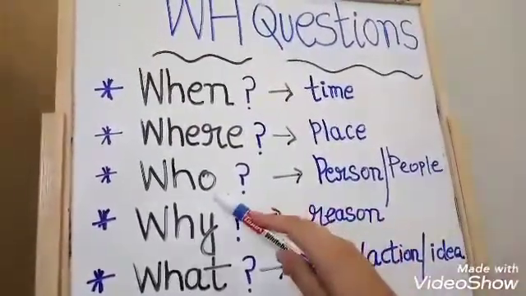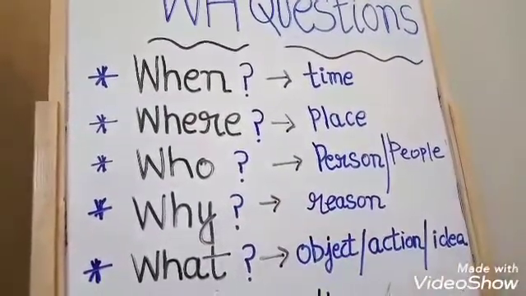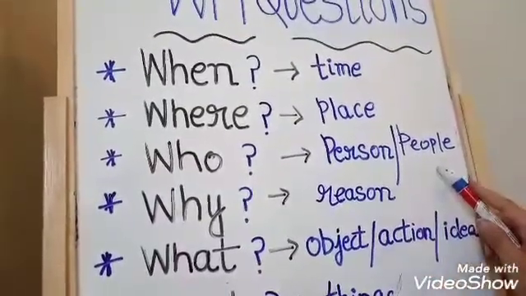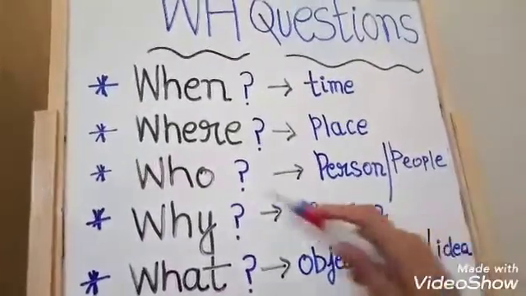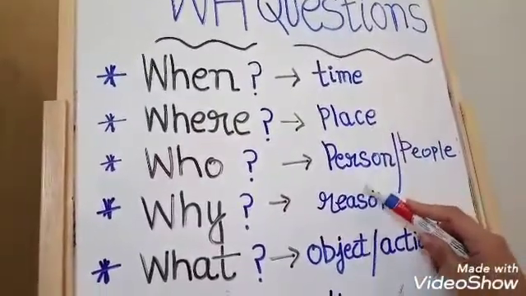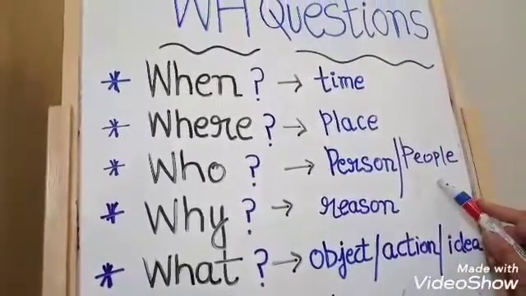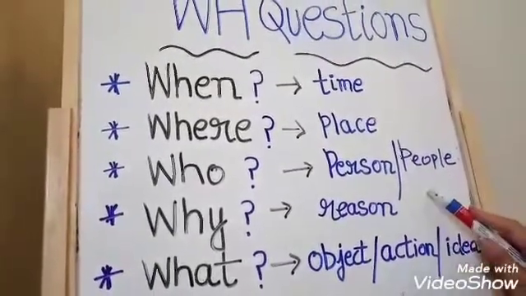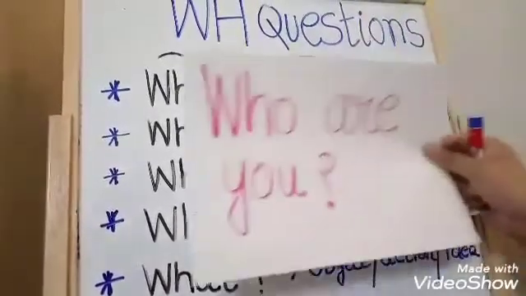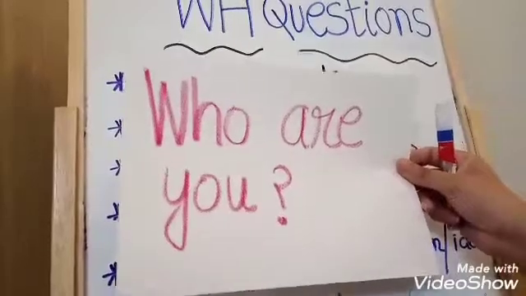Our next WH question is who. It is always used to know about a person or people. You use who to know about a singular person or people, which is the plural form of a person. For example, you may ask, who are you? So you have to tell about yourself.